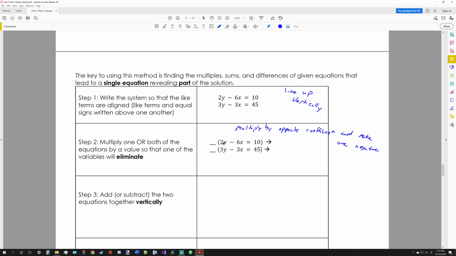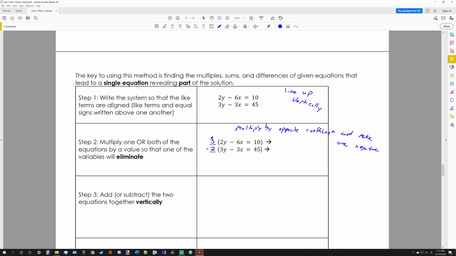Okay, so right now, both y's are positive. If both y's were negative, I wouldn't have to worry about making one negative because one's already negative. So both y's are positive, and I'm going to multiply by the opposite coefficient. So the top is going to get multiplied by 3. The bottom is going to get multiplied by 2. And I'm going to make one negative. So I'm going to make that negative 2.